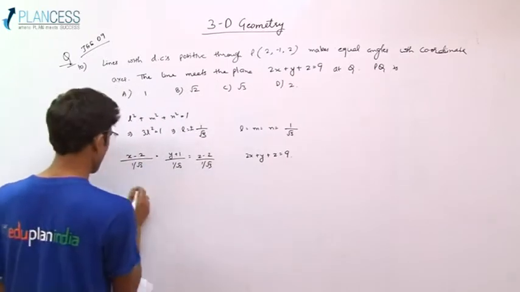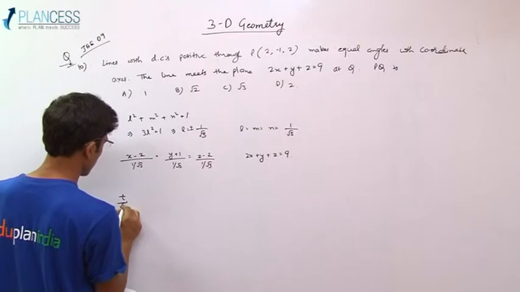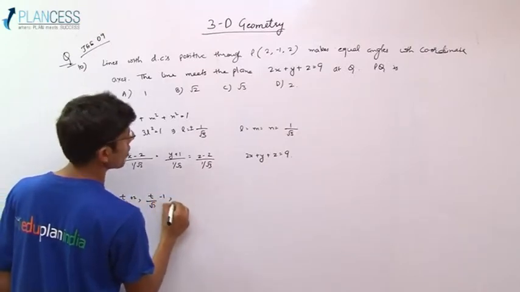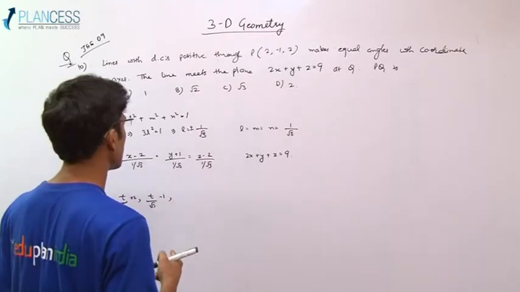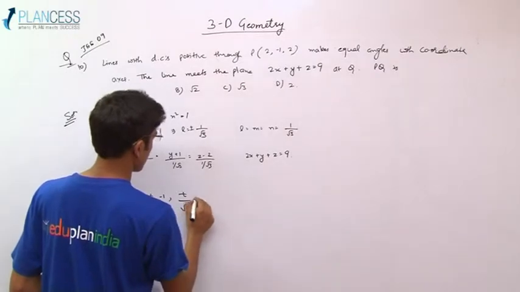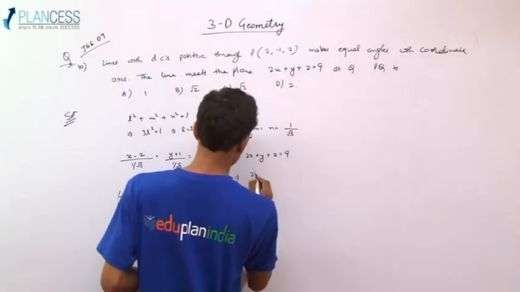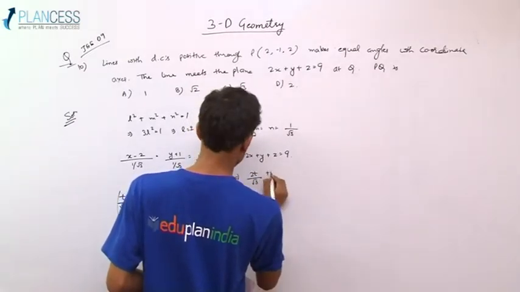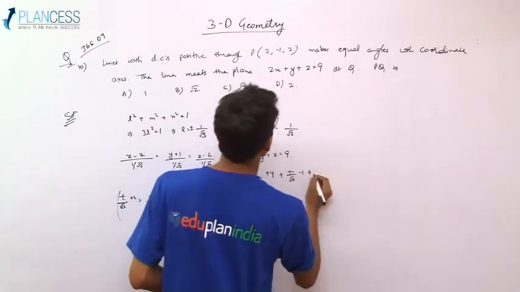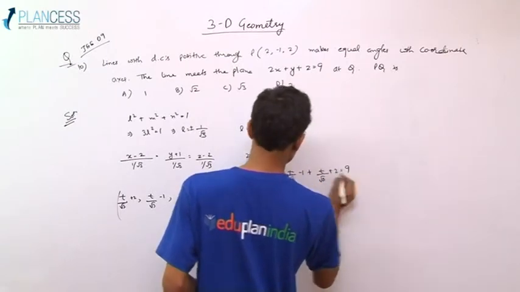So any point on this line is t by root 3 plus 2, t by root 3 minus 1, and t by root 3 plus 2. So putting this here, I get 2t by root 3 plus 4 plus t by root 3 minus 1 plus t by root 3 plus 2 equals 9.